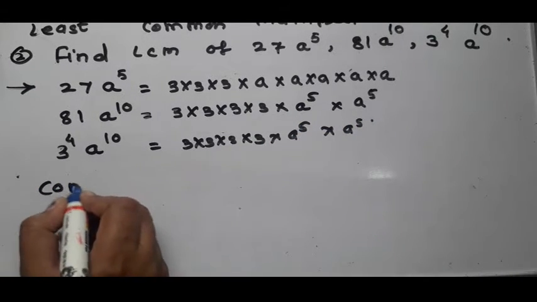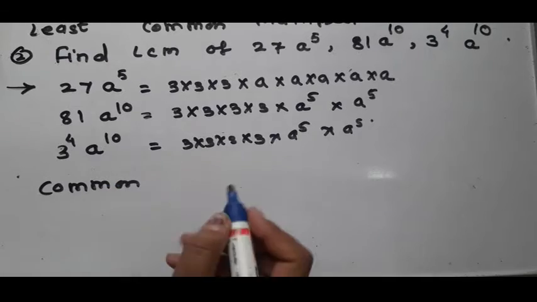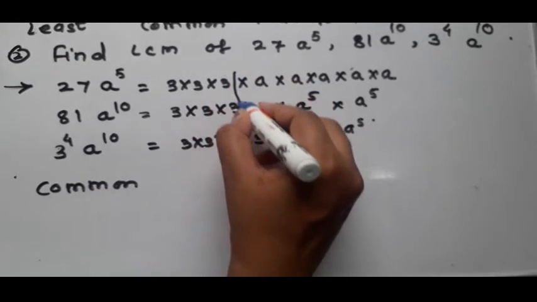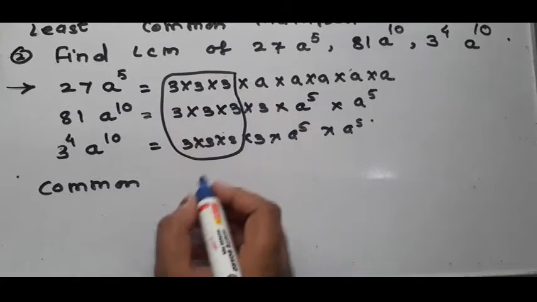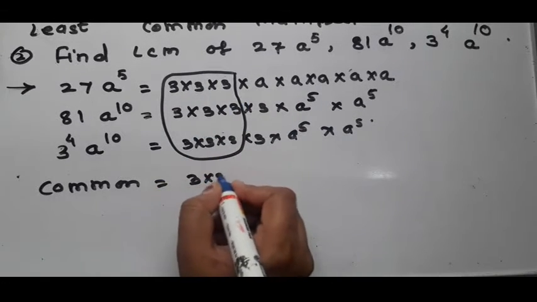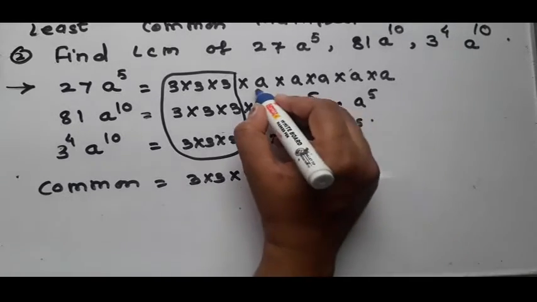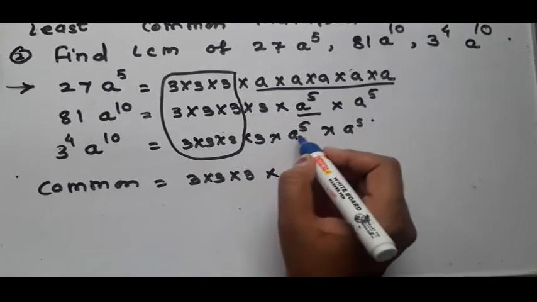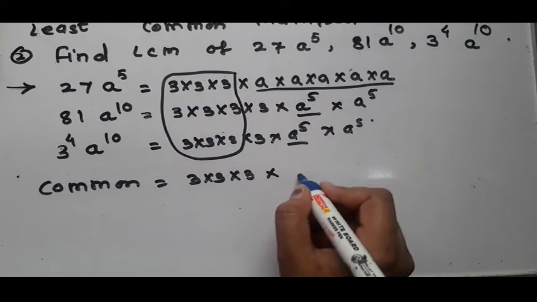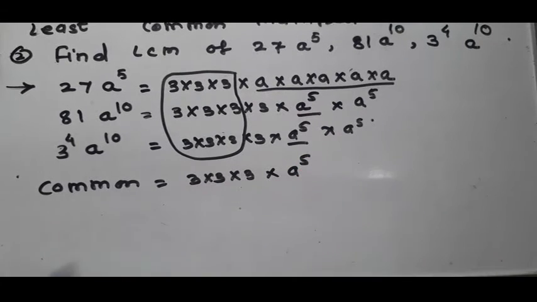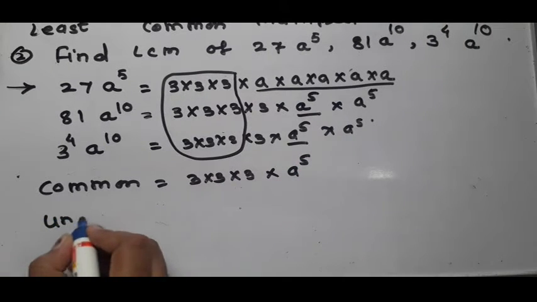Now we will write the common part. What is common? These three 3s are common: 3 into 3 into 3, and a raised to 5, a raised to 5 is also common. Okay, and what is uncommon?